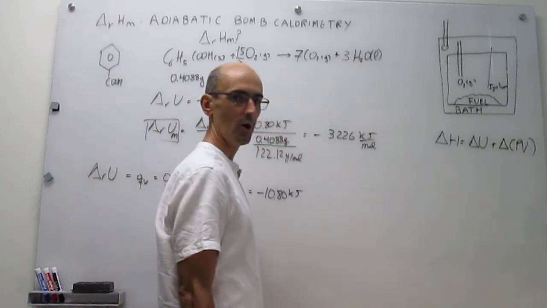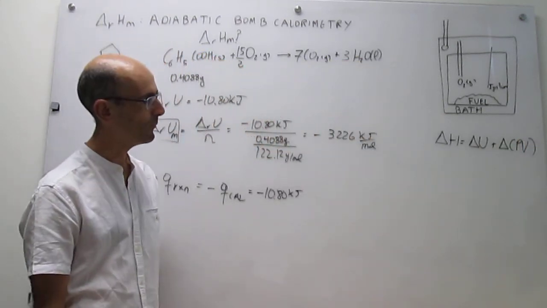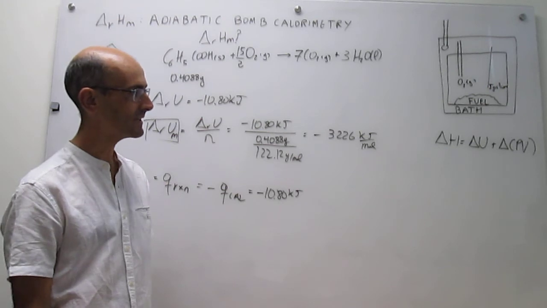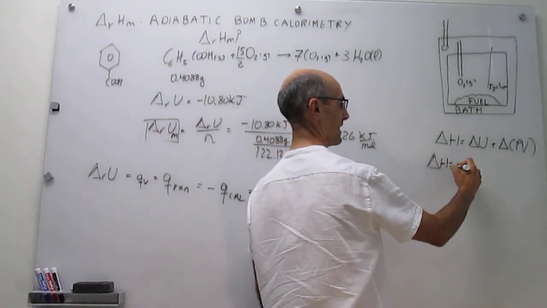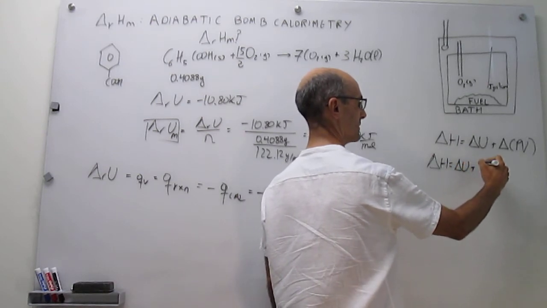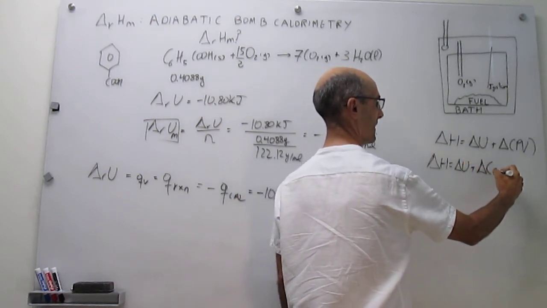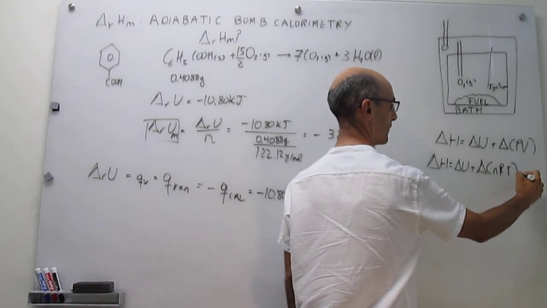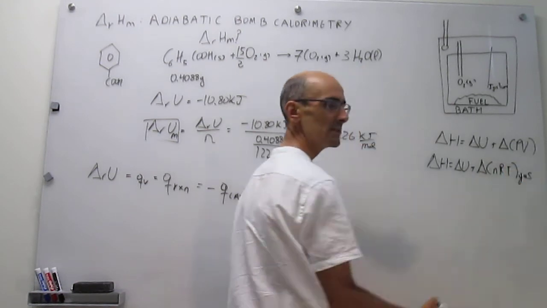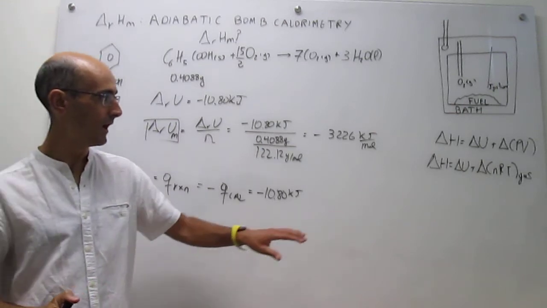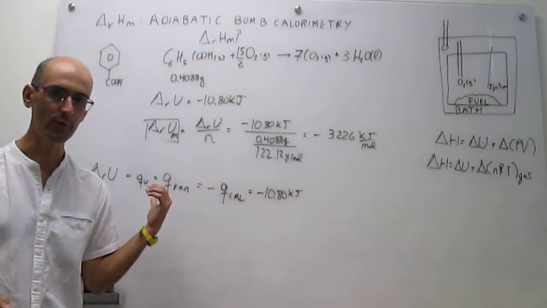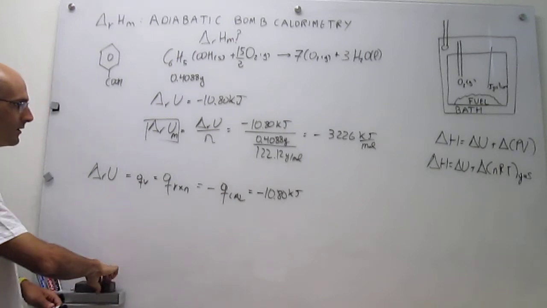But of course we're always neglecting components that are not gases. So the way that we usually treat this, and that's highly accurate, is to simply do delta nRT for the gas species involved in this reaction. Okay, so let's see how this works out for the chemical reaction that we are looking at.